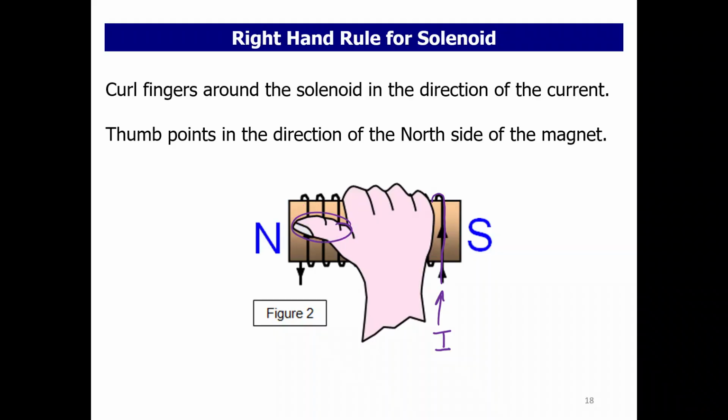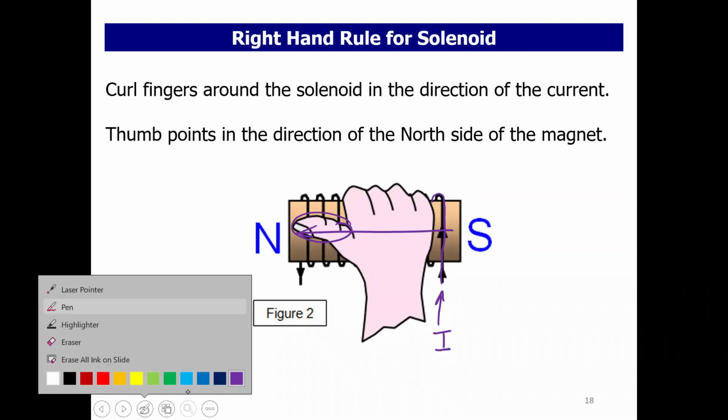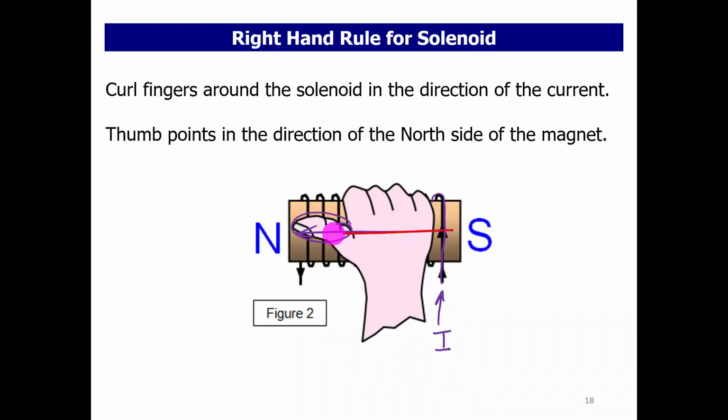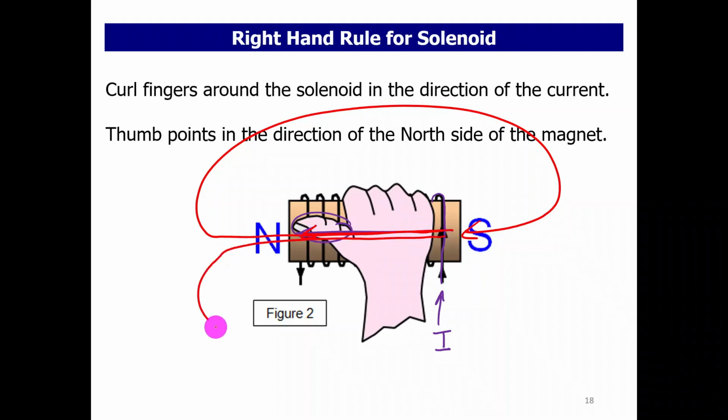Now where the thumb points, that's where the magnetic field is going to be inside. So when you're inside, that is where your magnetic field is going to be. Now that magnetic field is going to leave over here and come back around like this. If I look, the one next to it is going to come out and around and cut back around like this.